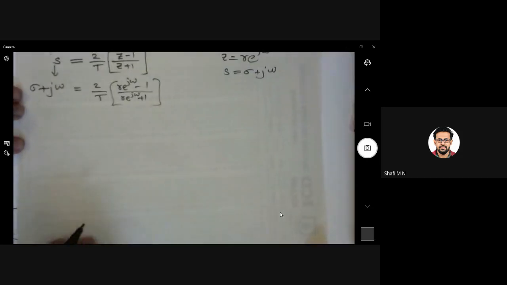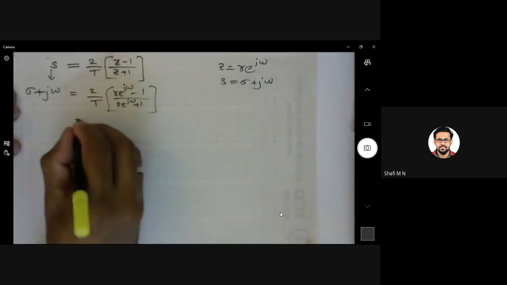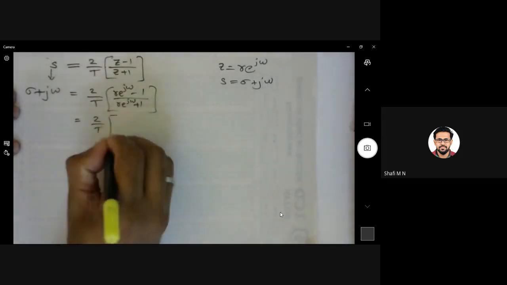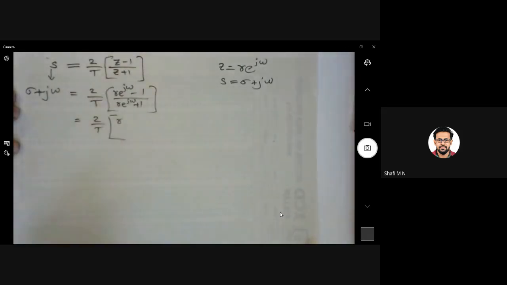Fine. Now I am going to modify this. 2 by T into r e raised to j omega. e raised to j omega can be expanded. e raised to j omega is cos omega plus j sin omega.